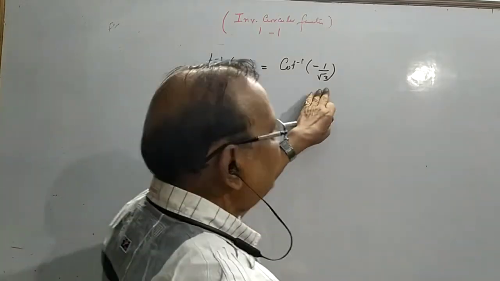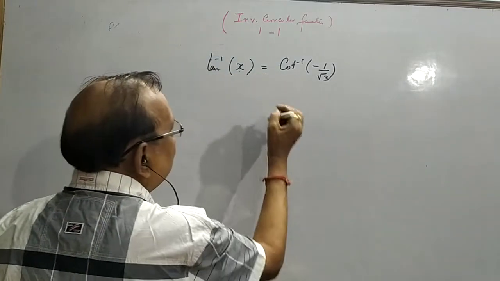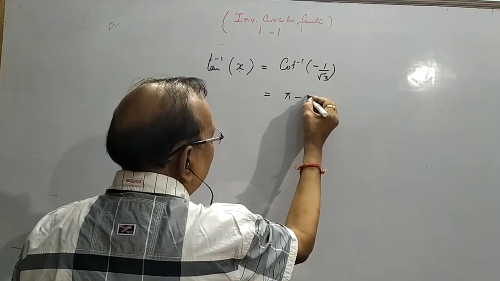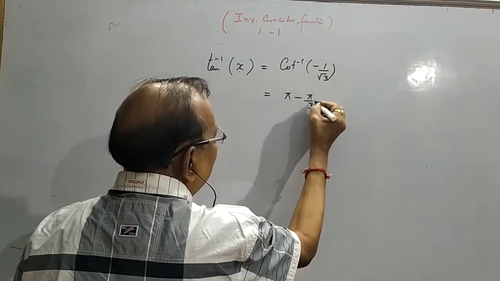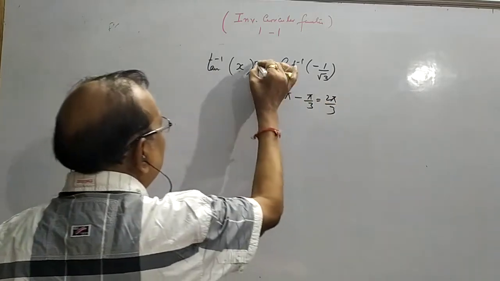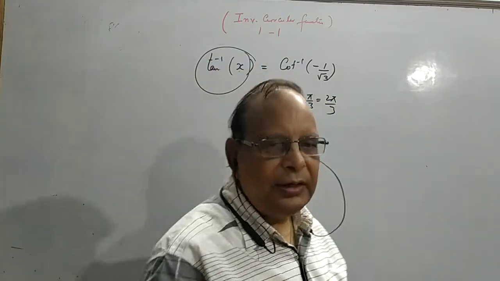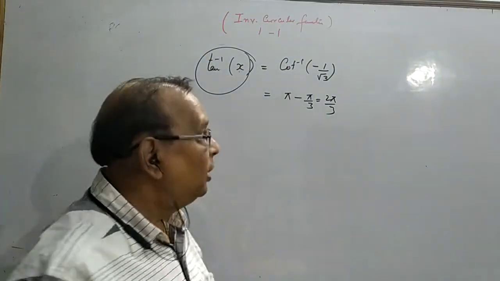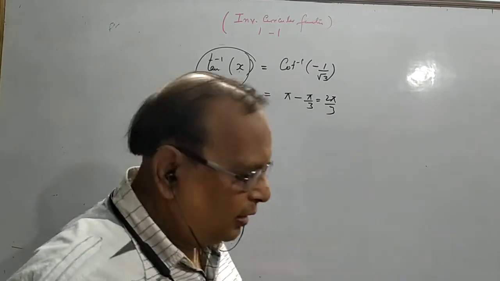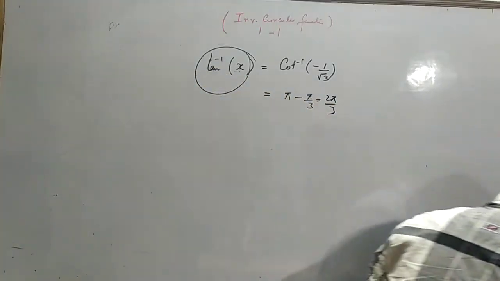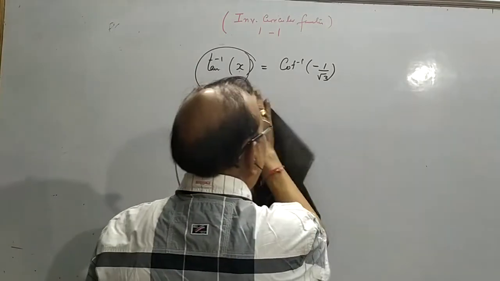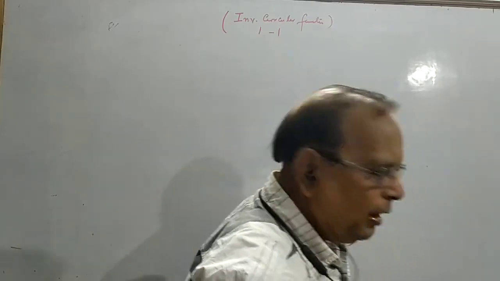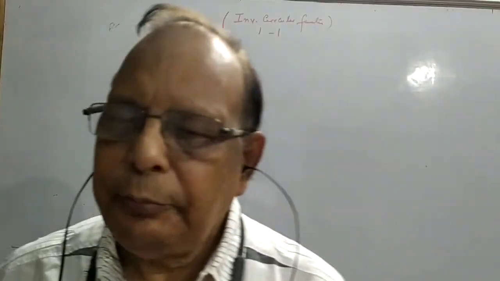As cot inverse minus 1 upon root 3 is equal to pi minus pi by 3, and tan inverse, as already described, lies between minus pi by 2 and pi by 2, therefore that will not hold. Therefore, there is no such value. You must be careful. I have explained the example. We have to use it in future from time to time.